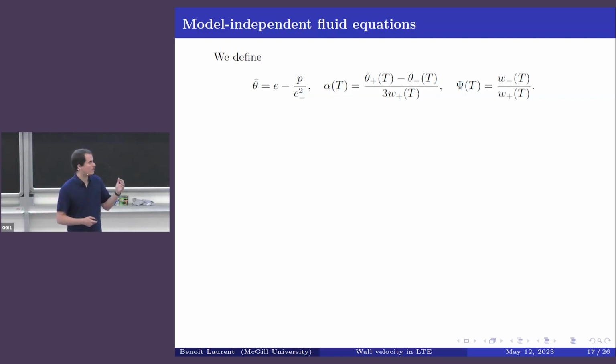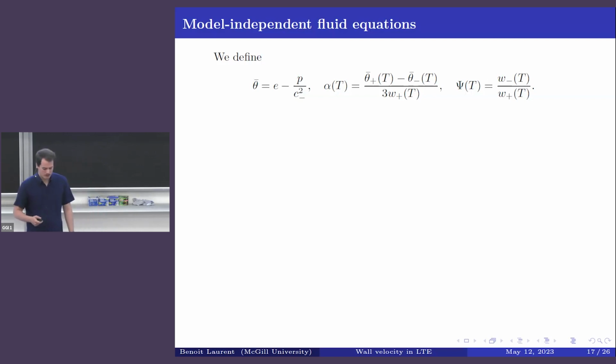So the larger alpha is, the more energy will be released during the phase transition, so the stronger it will be. And finally, we have this psi parameter, which is the ratio of enthalpy on both sides of the wall. This can be related to the ratio of effective number of degrees of freedom. For the standard model, usually this is between 0.9 and 1.